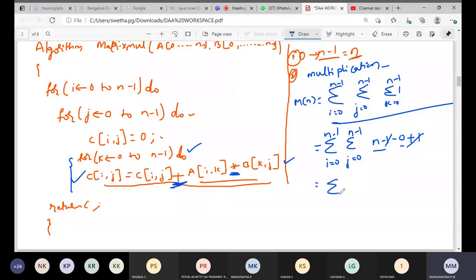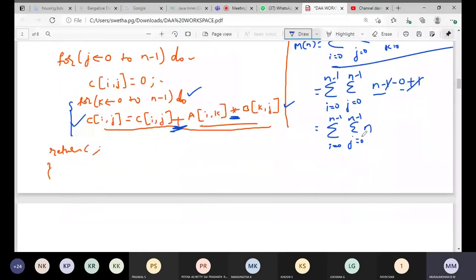So that is equal to summation i equals 0 to n minus 1, again summation j equals 0 to n minus 1, and we are left with only n. Similarly, when we simplify this, we will get one more n, and again one more n. Any doubt?